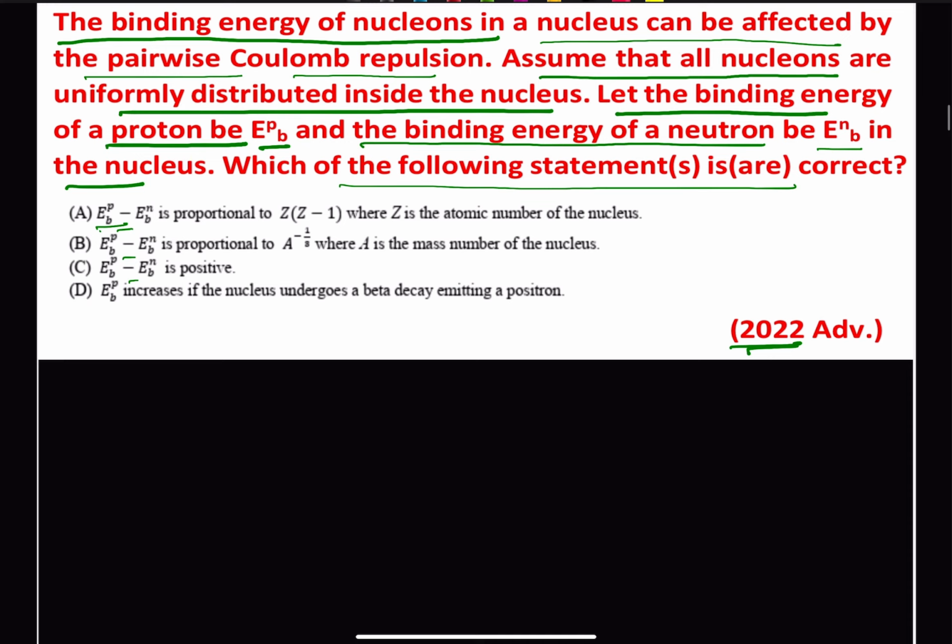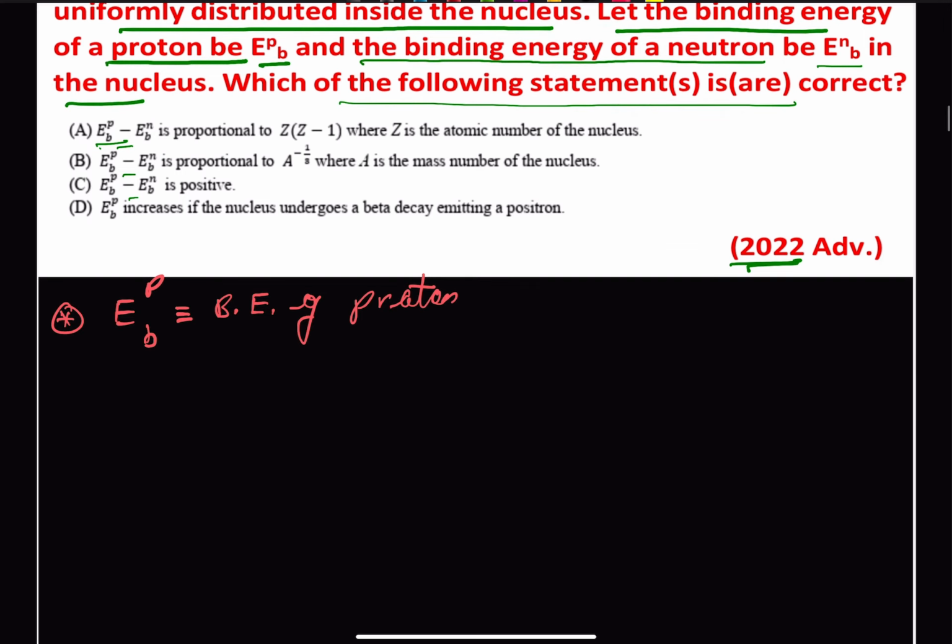So in the question we are given that we have our proton, and so this is given as binding energy of proton, and then we have our E and B, which is binding energy of neutron.